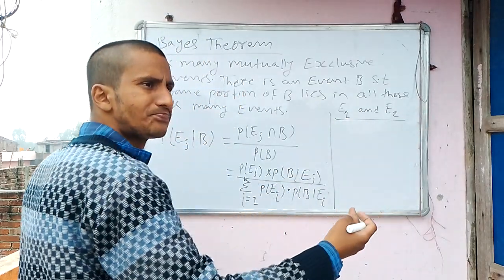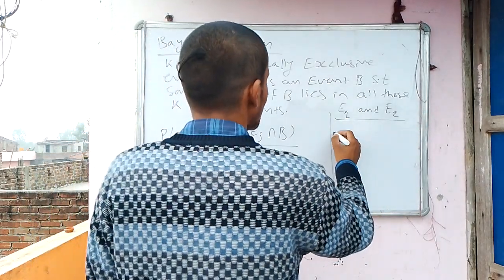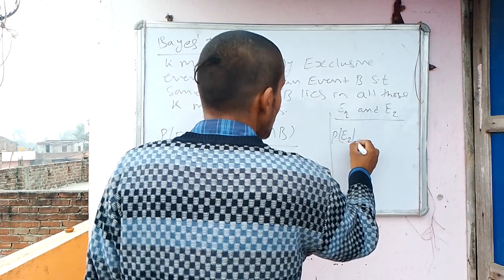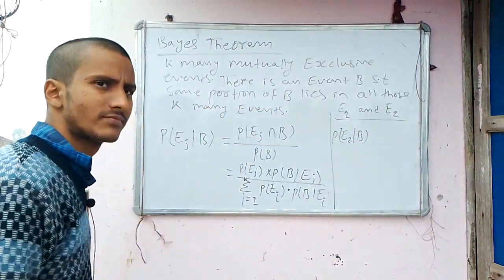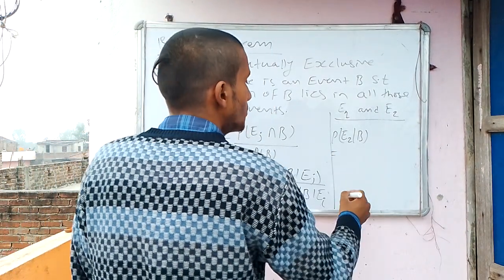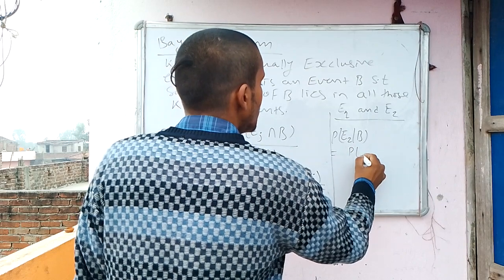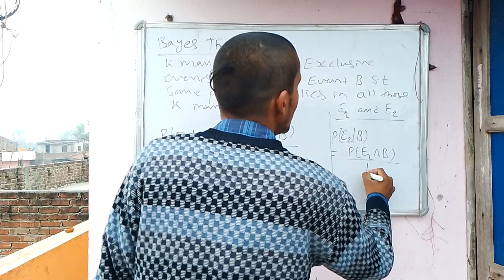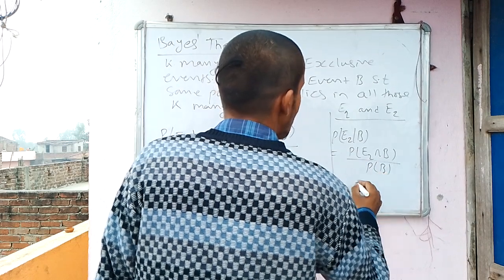You only need two, and you're going to figure out the probability of, let's say, E2 occurring given B occurs. The conditional probability. And what is that going to be equal to? It is going to be equal to probability of E2 intersection B divided by probability of, tell me? B. Simple.